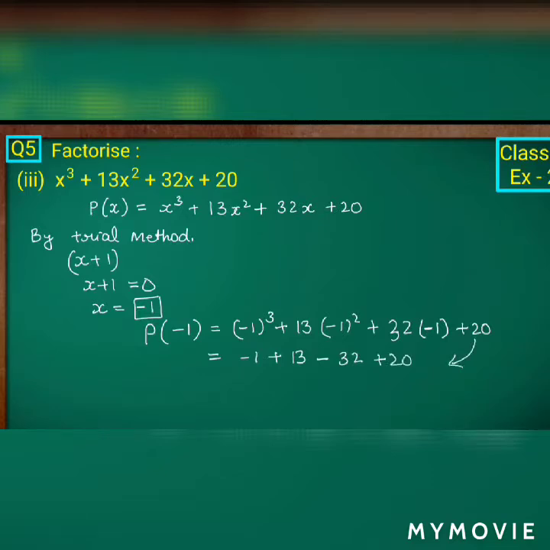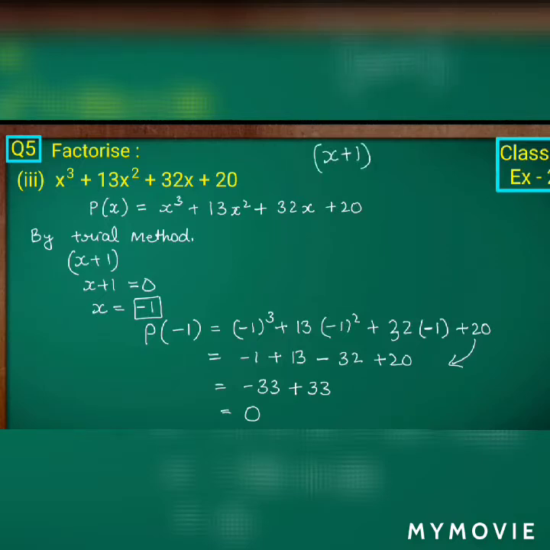If you observe here, minus 1 plus 13 is plus 12, plus 12 plus 20 is plus 32, minus 32 gives 0.